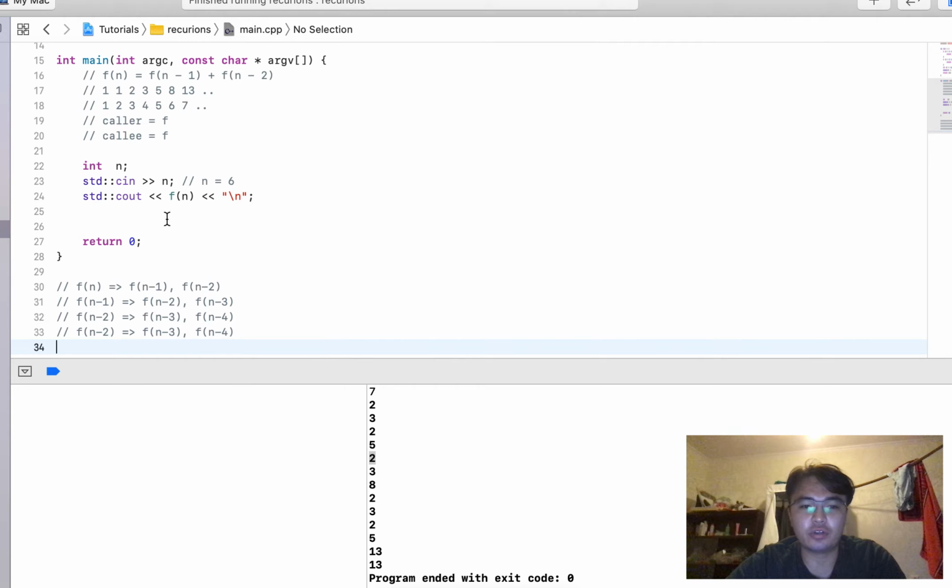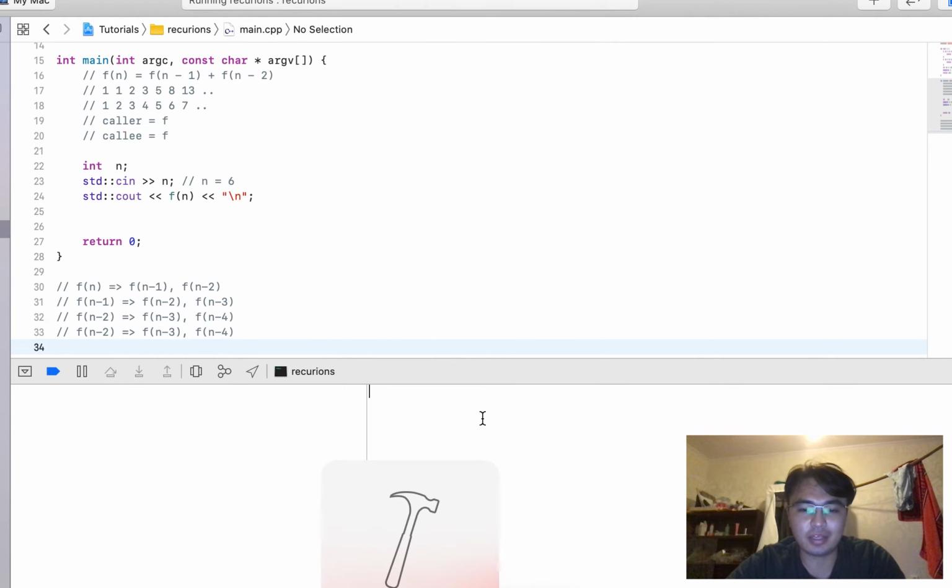So if you, for example, try to run the program again and write 100, it might take a while to finish computing these numbers, because f100 calls f99, f98, f99 calls another f97 and f96, and so on.